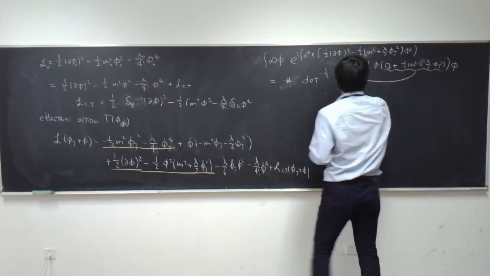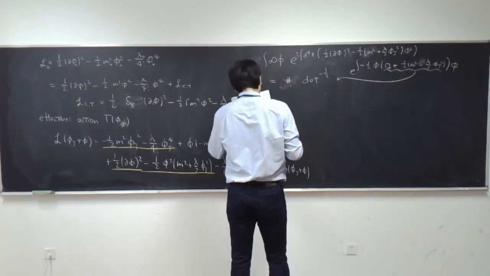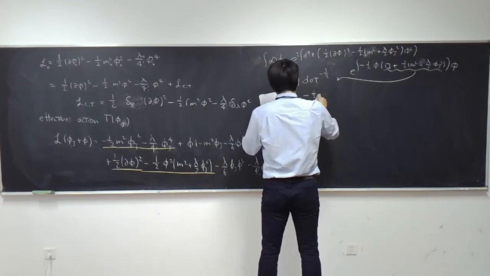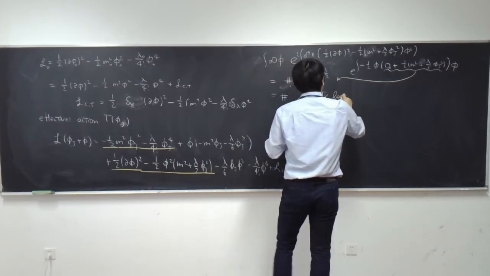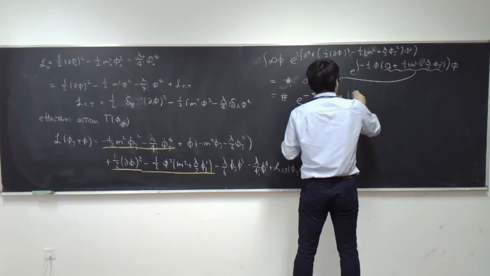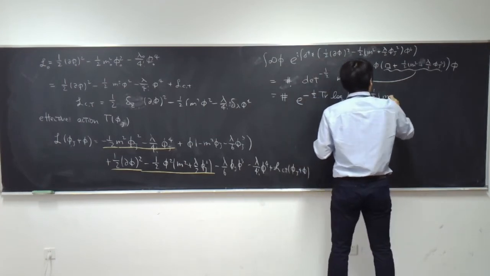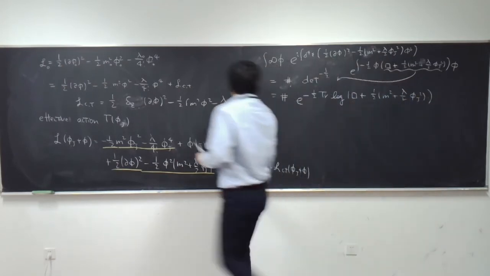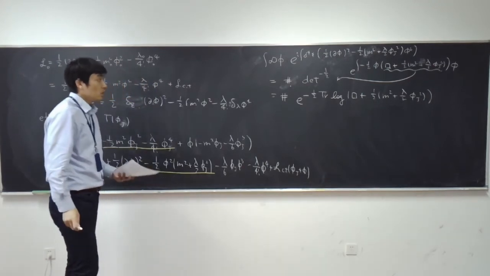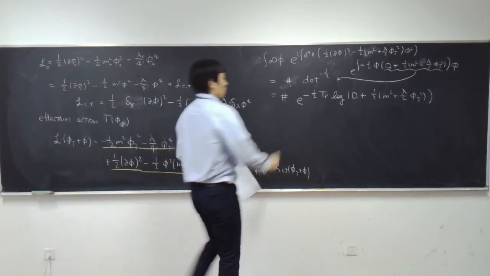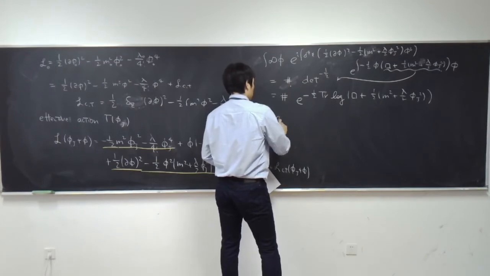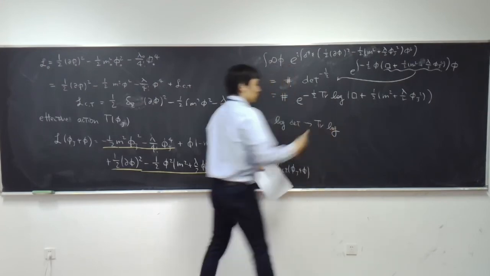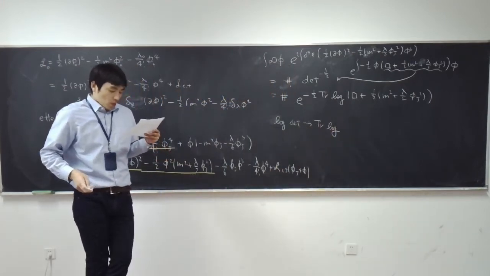Again, use the same trick as we did many times in the first lecture: log of the determinant can be replaced by trace of log. Okay, so that's what I have used.